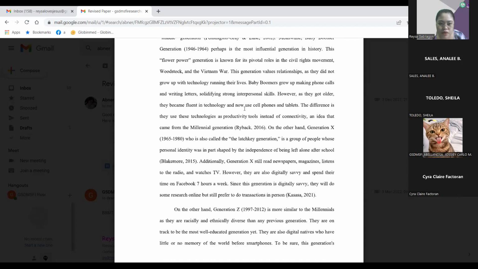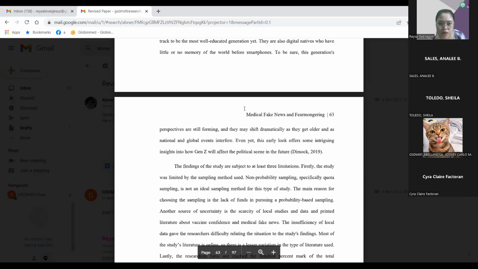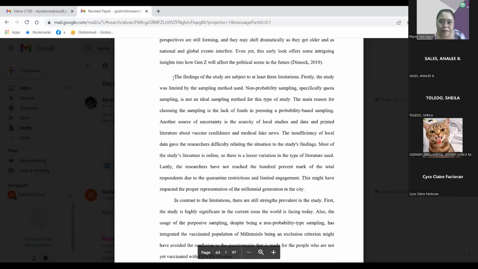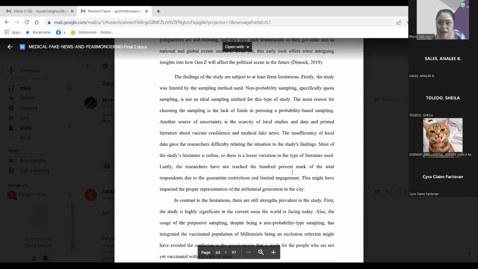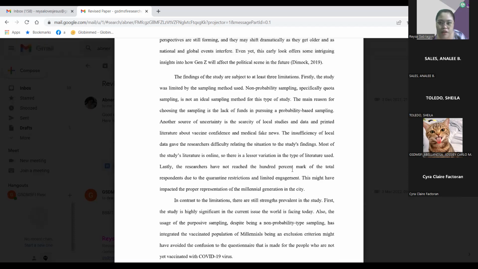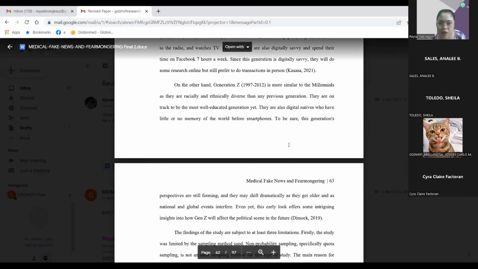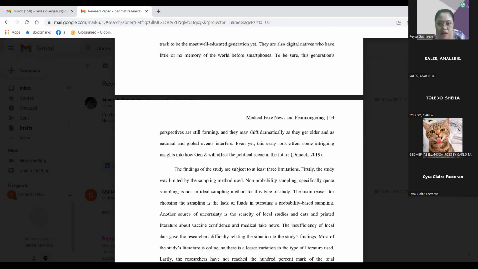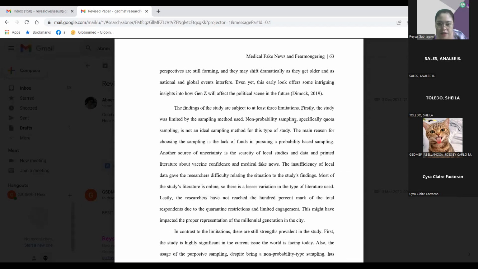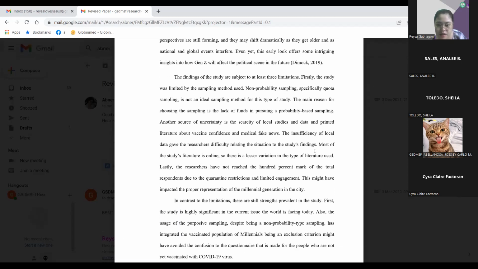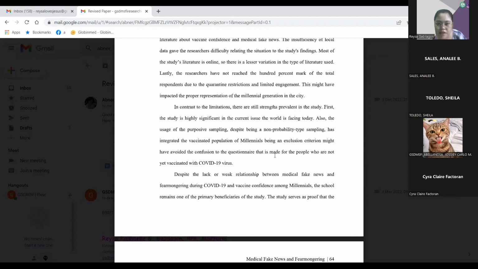Tapos ayan, dito may nilagay silang limitation of their study. I'm not that sure with the strengths though kasi dinaanan ko lang naman, baka na-miss ko lang yung strength, but we have here the limitations of their study. Yeah, they have the strengths here also sa baba.